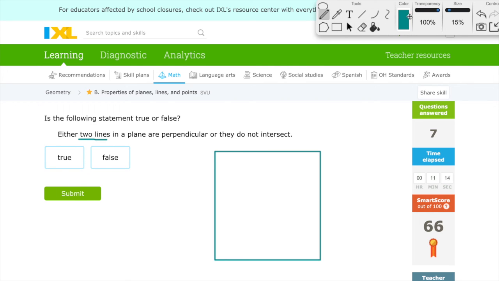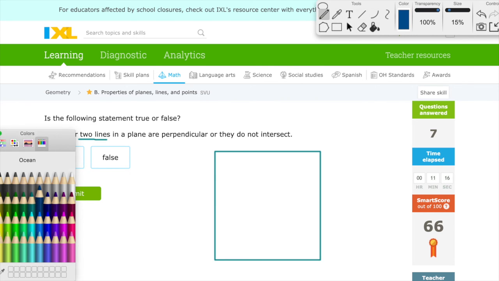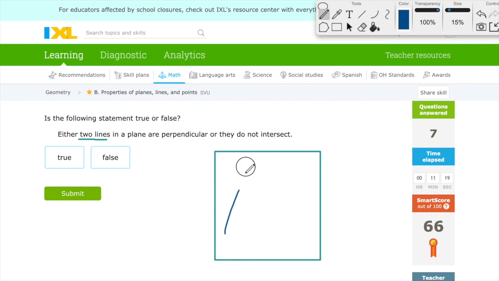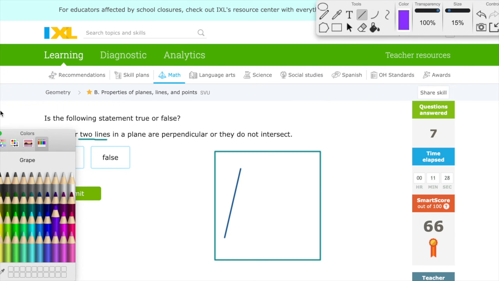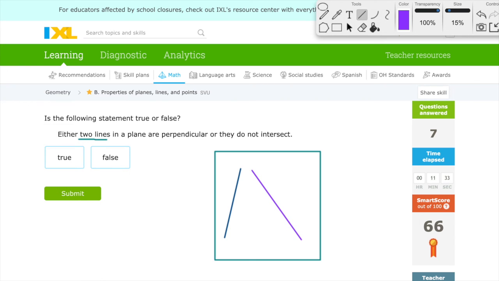Two lines in that same plane. So let's say this is one line, and let's say this is our other line. And we know that lines go on forever. That means that they're always going to intersect unless they are parallel. So this wording is off a little bit, I think, here. I think if that said parallel, then we would be good, but based on that wording, it would be false.